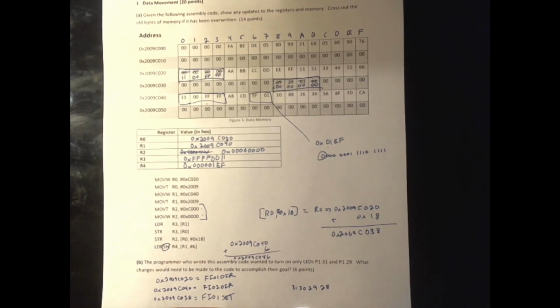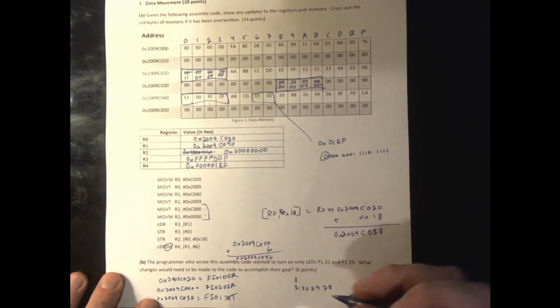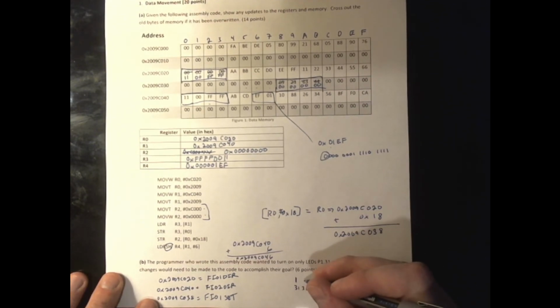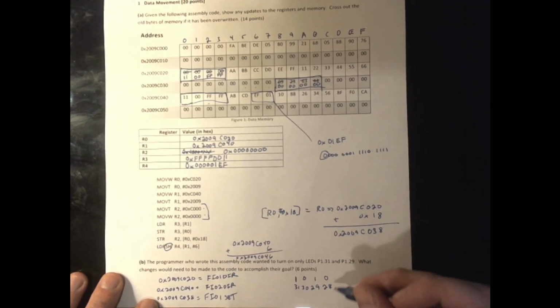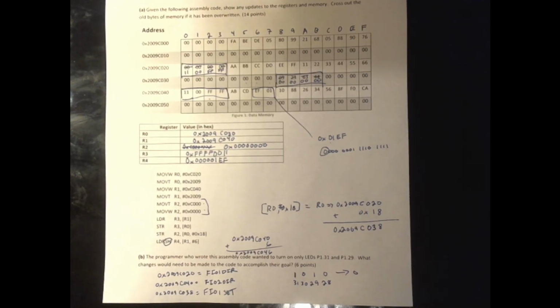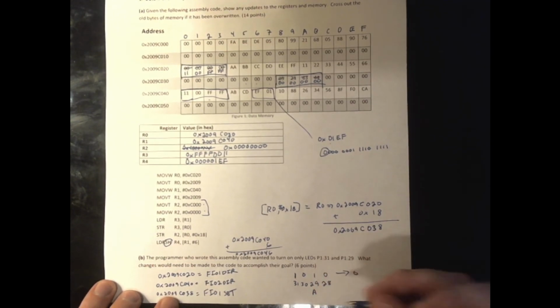So this is just going to be the leftmost hex digit that we're going to see here. We want 31 to be on, we want 30 to be off, we want 29 to be on, and we want 28 to be off. And then we want the rest of the things to be zeros extended the rest of the way across because we don't want anything else to be on here according to the goal. So we're going to put A and then zeros into the rest of this. So 0xA0000000, that's what we want to have in R2.